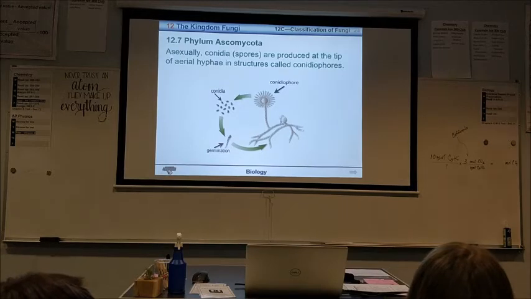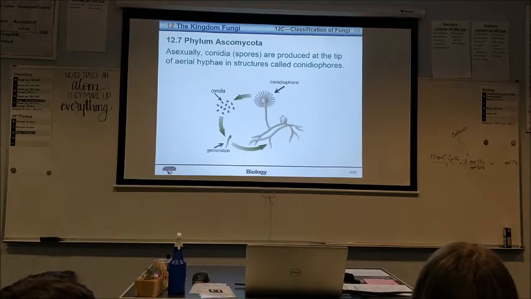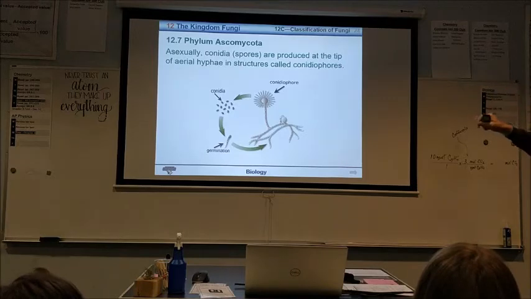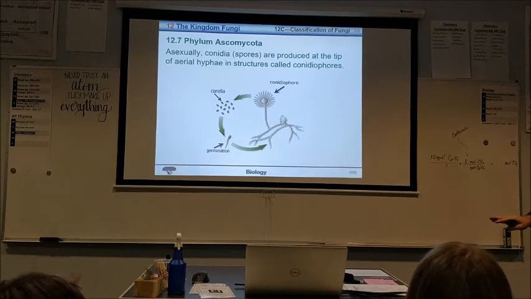That's why they call it an aerial hypha, or hyphae, because it sticks up above. Okay, it's not still inside of whatever it's decaying, living off of. It's actually raised up above that so that these spores can spread. The other one kind of does it underneath, and it spreads under, you know, in the dead decaying matter.